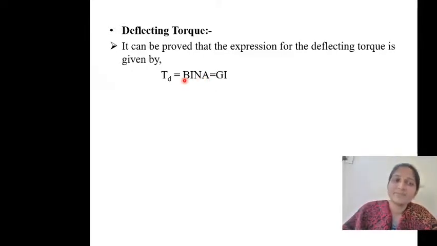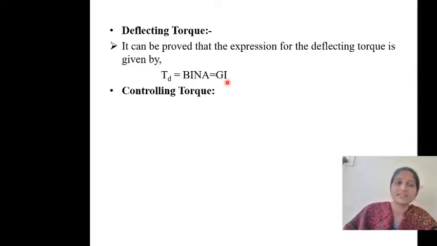For a magnet, B is constant, number of turns is constant, area of cross section is constant for the coil. These three are constant except the current. So these three B, N, A are replaced by G. So TD is equal to G into I, some constant into current. So TD is directly proportional to the current.